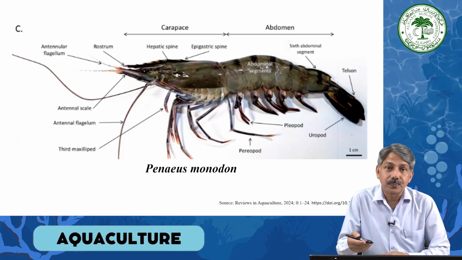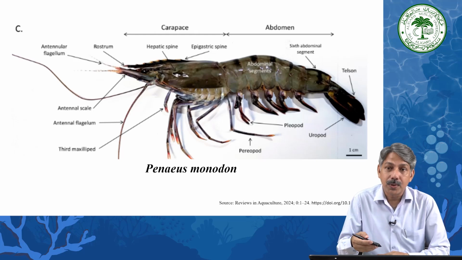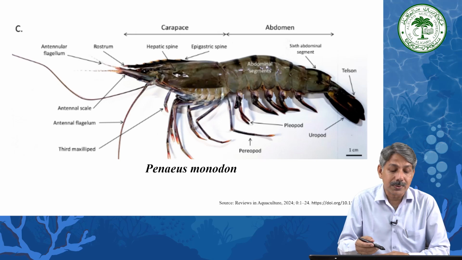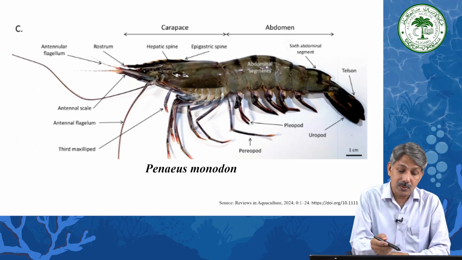This is how Penaeus monodon looks, and here, using a diagram given in a very reputed research paper, I have tried to show you different parts of the Penaeus monodon body. This is a well labeled diagram.